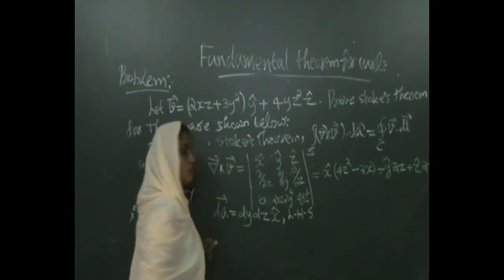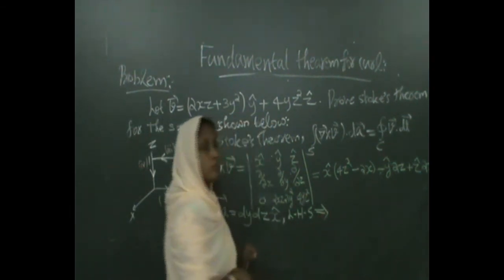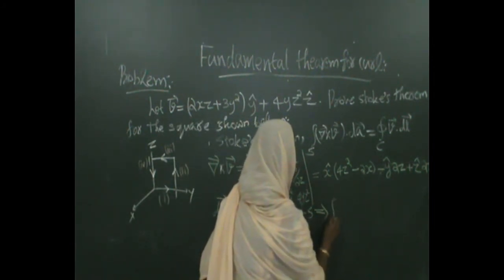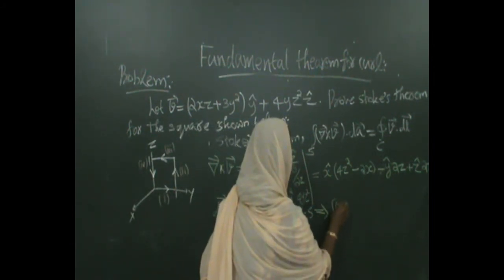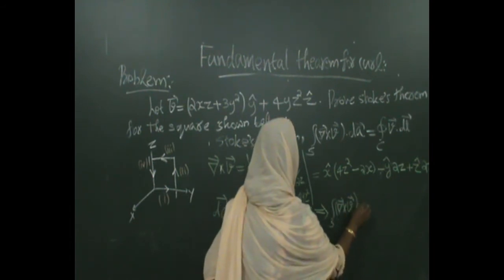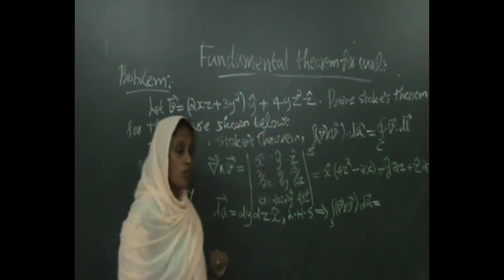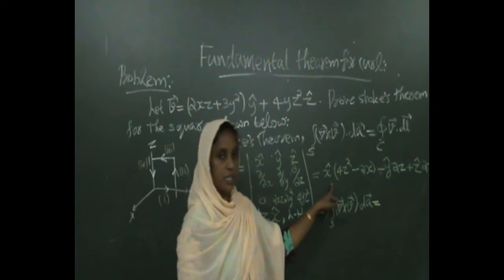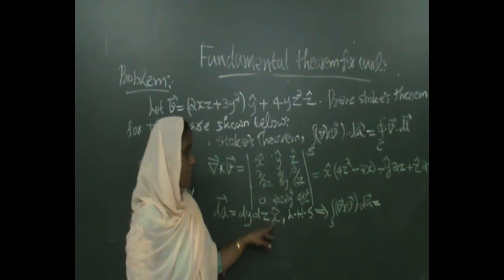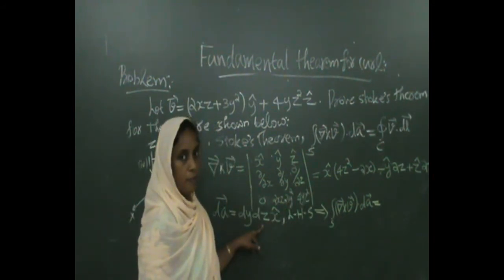LHS means the surface integral of del cross V dot dA. Del cross V is given here, and dA has only an x cap component, so you take the product with the x cap component.